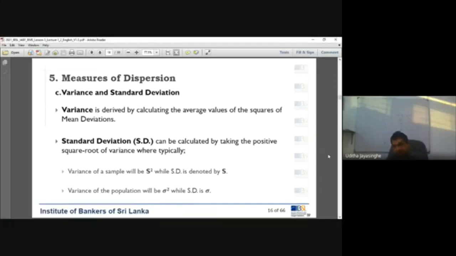And in childhood, we have learned that any number, if you take the square, you will always end up with a positive number. If you take positive 2, the square will be 4. But if you take negative 2 and square it, you will also end up with a positive 4. Okay. So variance is being calculated by just squaring these items.